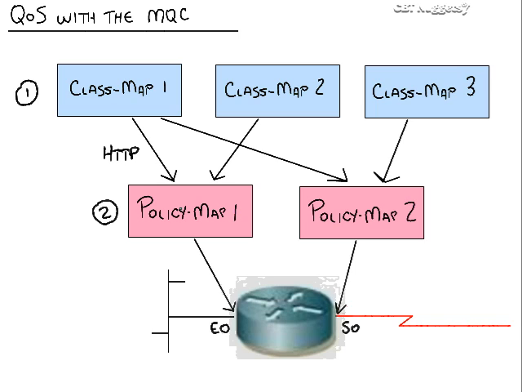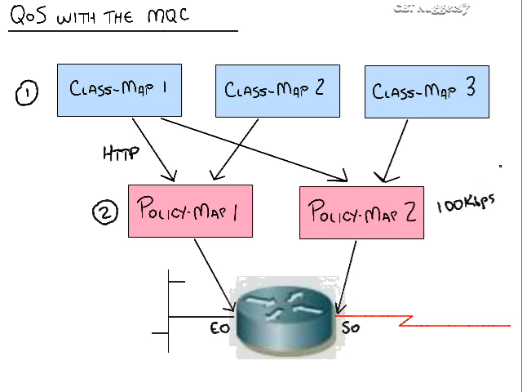Well, we can apply a policy map at that point that says, I want to, for instance, mark all HTTP traffic using this sort of marking so it can be easily identified in the future. Or maybe this policy map says, well, I want to limit HTTP traffic to 100 kilobits per second.